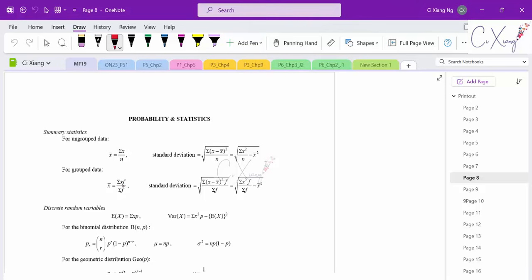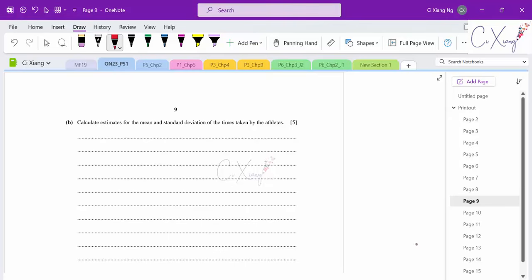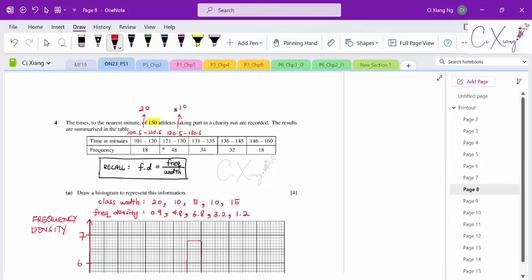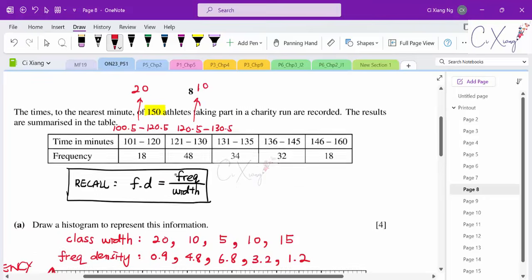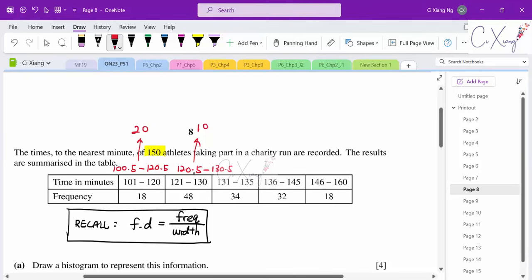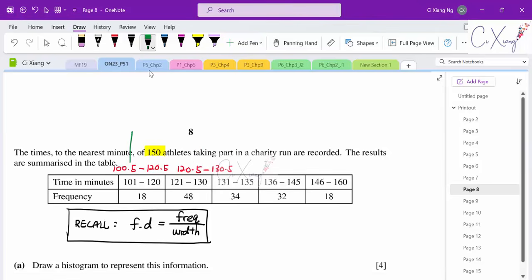So the x in the formula here means the midpoint of every single class. If we go back to our question, I need to find out the midpoint for every single class first. Just now I got the class width already from the class boundary, and now to get the midpoint, I will need to take 100.5 plus 120.5 divided by 2.